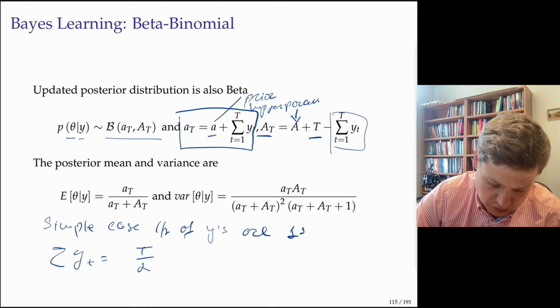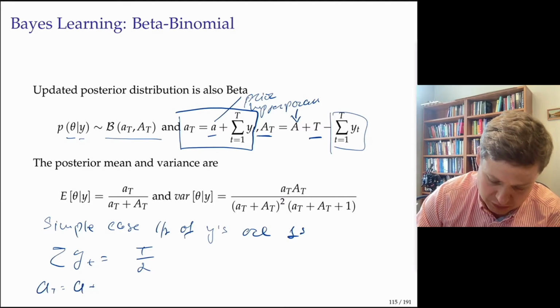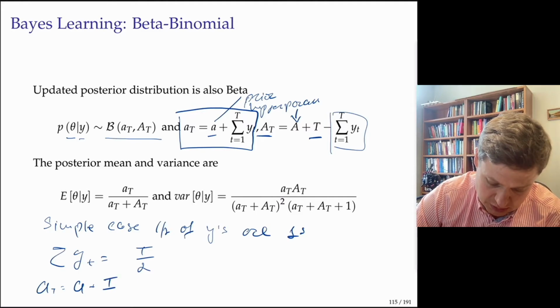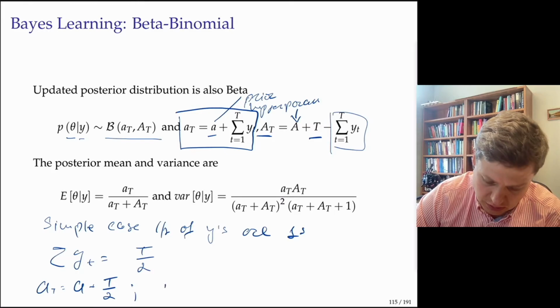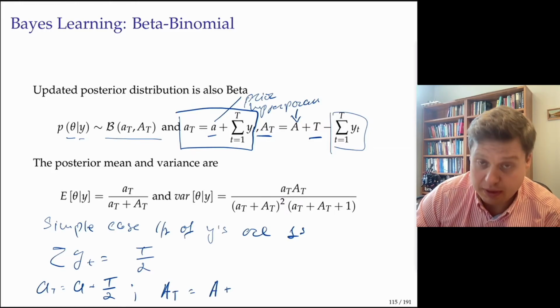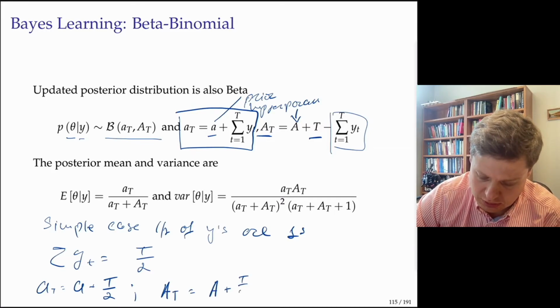And so the new value of a is going to be a plus t over 2. And your new value for capital A is, again, the old parameter plus t minus half t, which is t over 2.